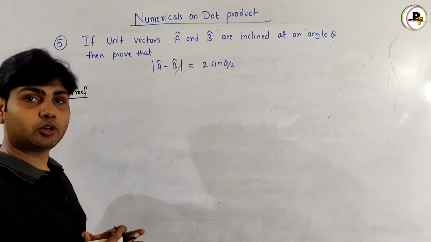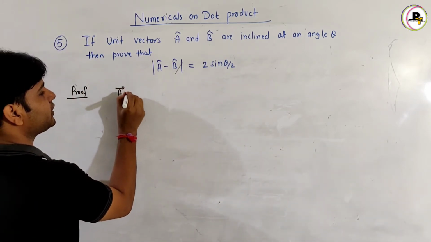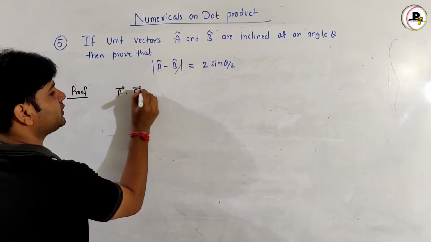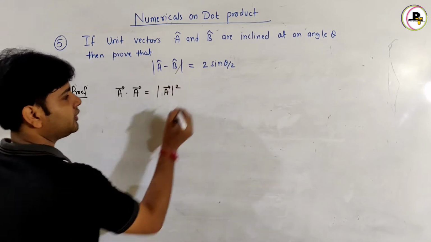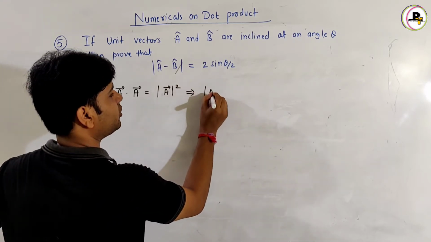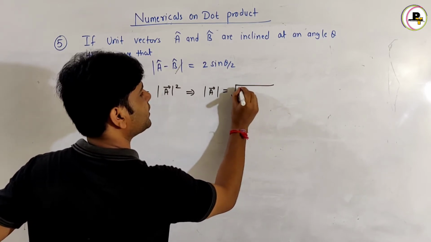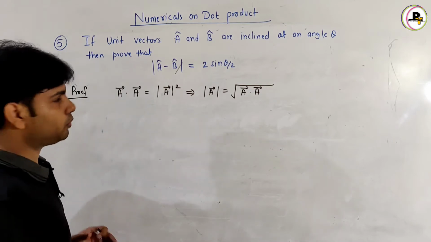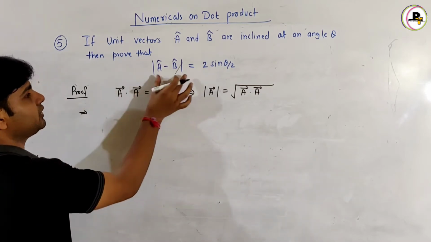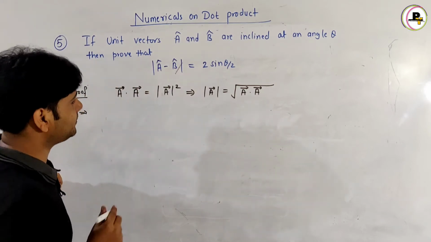I will use the properties of the self dot product, as I know that A vector dot A vector is equal to mod of vector A the whole square. Therefore mod of vector A is equal to square root of A vector dot A vector. If I use this property, suppose this is a vector, A cap minus B cap, a single vector.